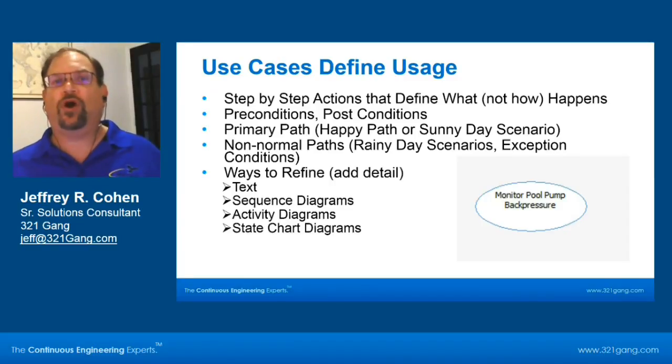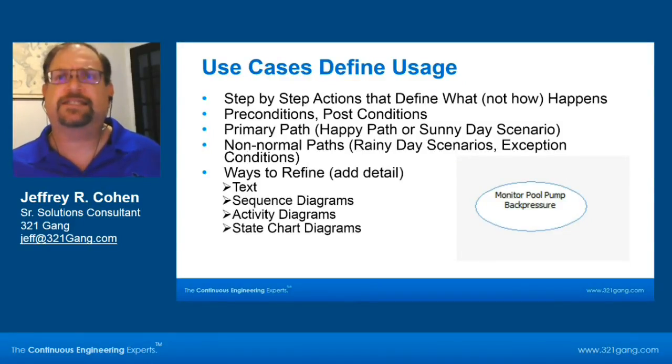Every system I've ever worked on has states and modes, and therefore state charts are the ideal way to define those states and modes. It's much easier to define the states that one goes into in a state chart than to try to force it to work in an activity diagram, because the basic flow of a state chart is I'm in a state until something very specific happens, then I go to another state.